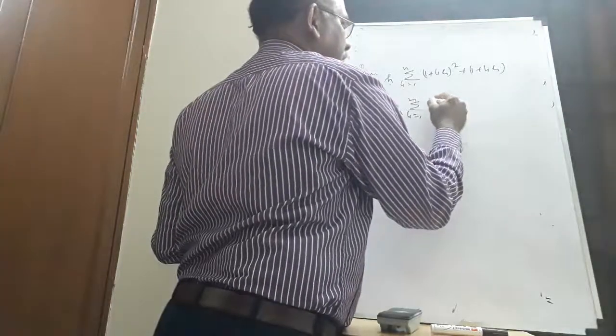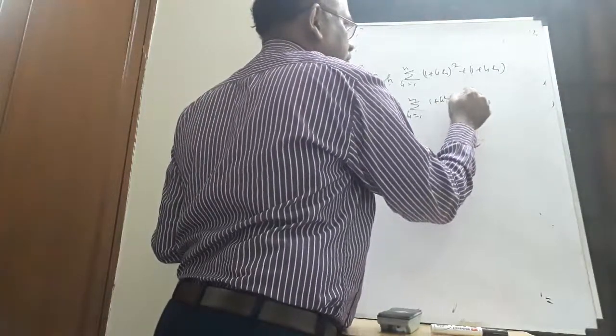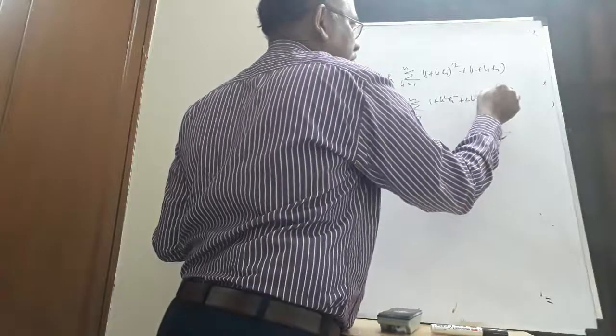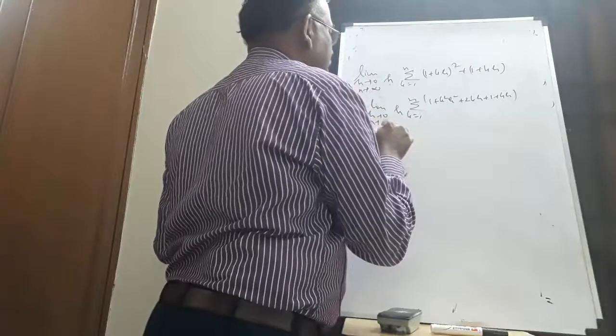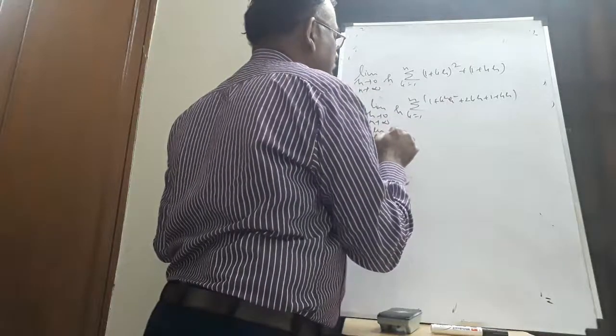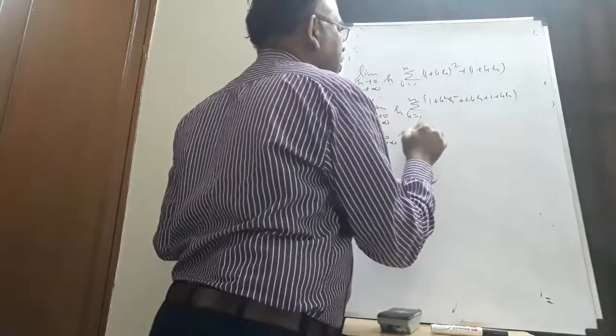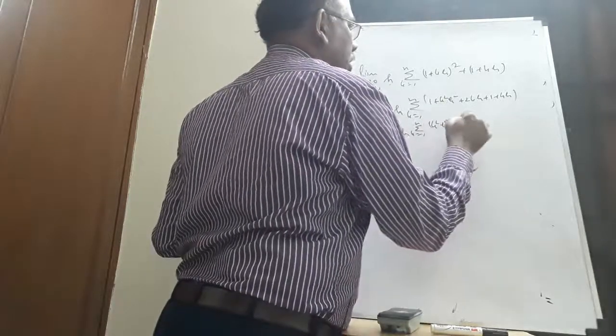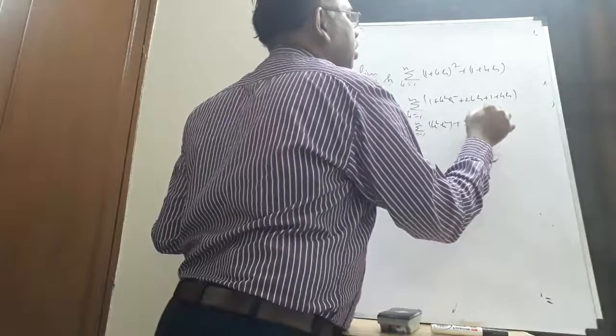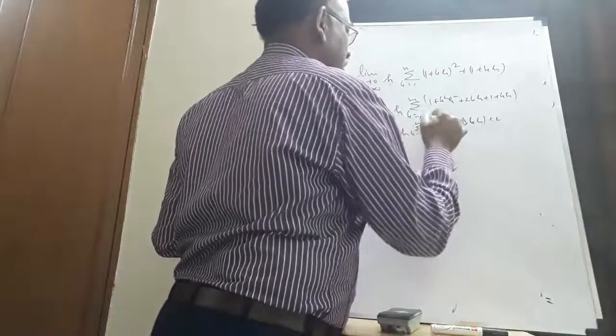This is anyway 1 plus k square h square plus 2kh plus 1 plus kh, let it be. Therefore, this is limit h tends to 0, n tends to infinity of h into sigma k equal to 1 to n of k square h square plus 3kh plus 2, let us say.